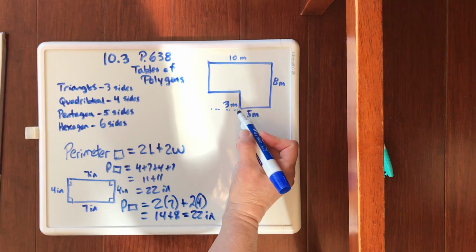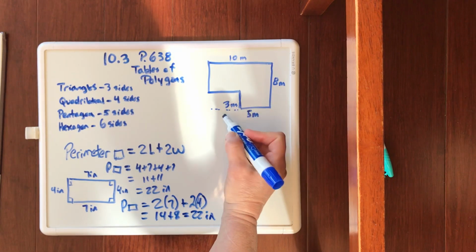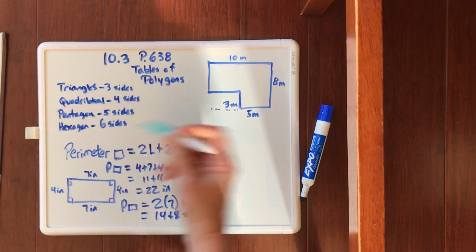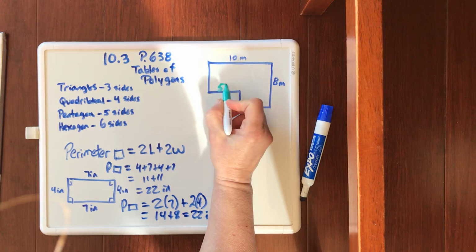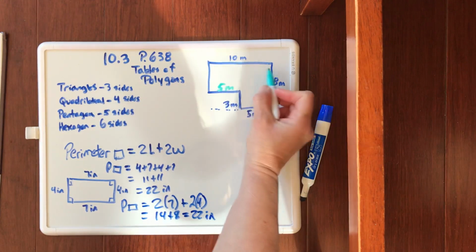If this is 5, that's right, that means this piece must be 5. 5 plus 5 is 10. So I'm going to put in a different color that this piece right here is 5 meters.